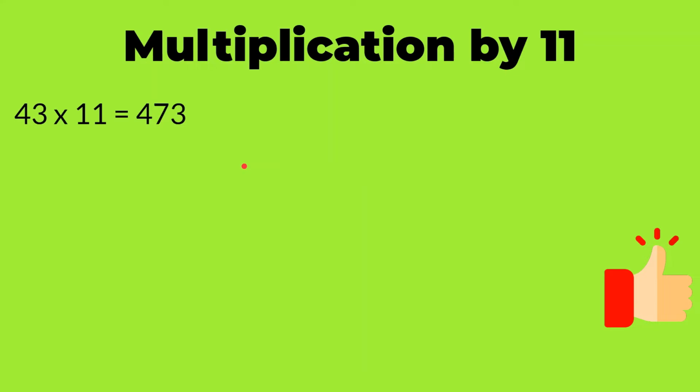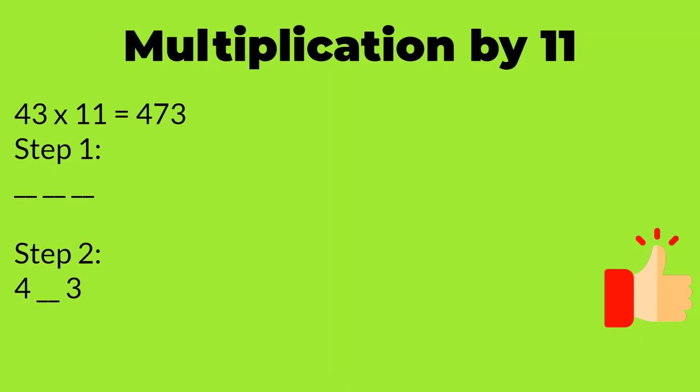It says that first count the number of digits in the number. So, 43 has 2 digits, and add 1 to it. That many blanks you will require for writing the answer, and that's step 1. Then in the first blank write the first digit of the number, in the last blank write the last digit of the number.